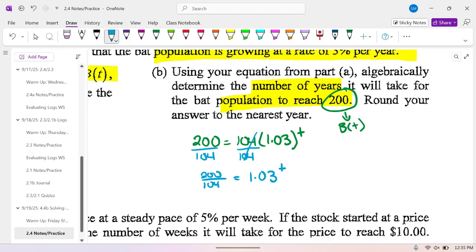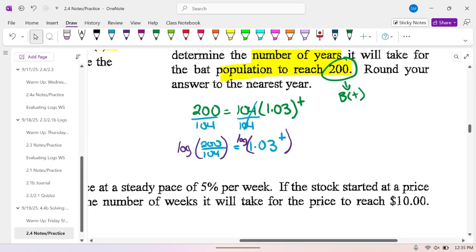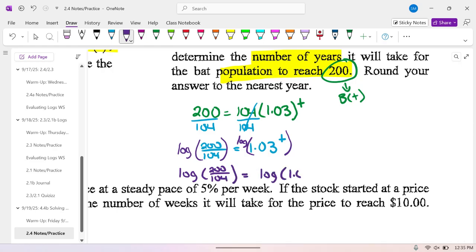Yes. So now I can take the log of both sides. I'm going to take the log of 200 over 104, and the log of 1.03 to the t power. So this would be log of 200 over 104 is equal to log of 1.03 to the t.